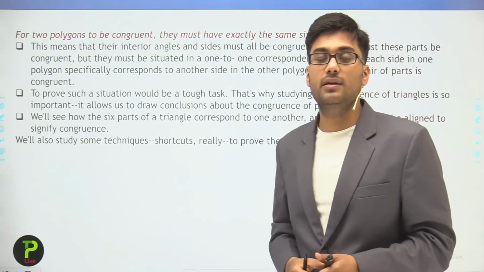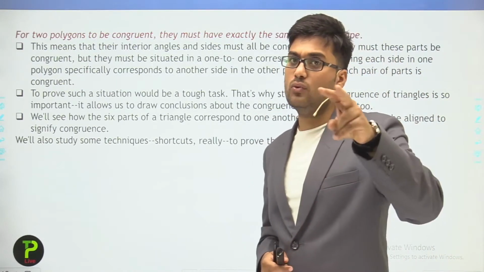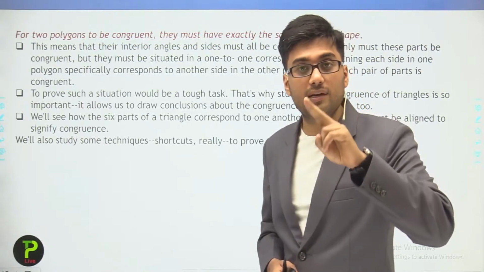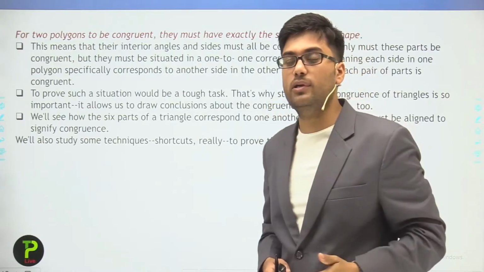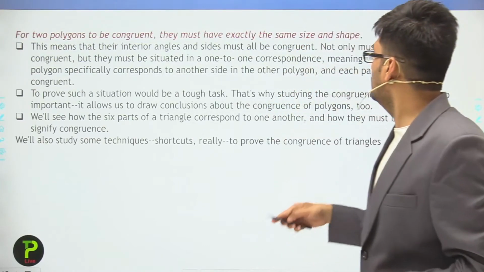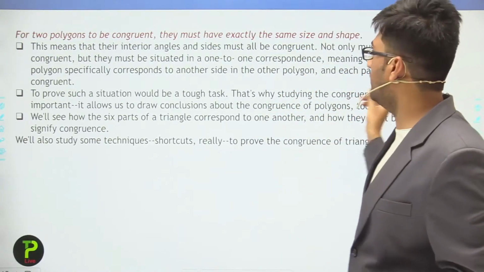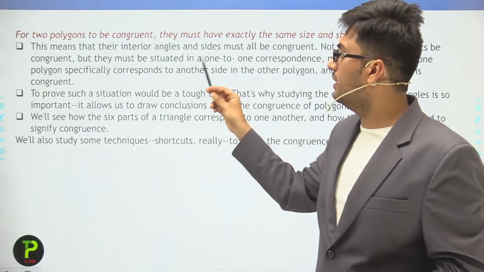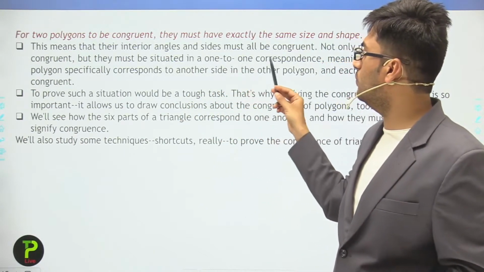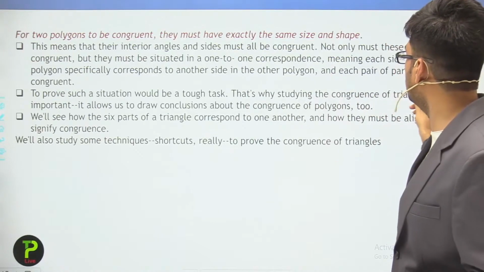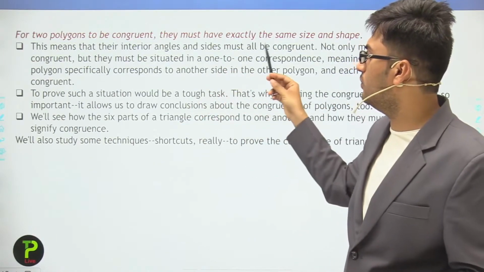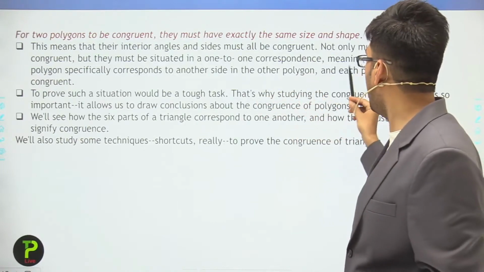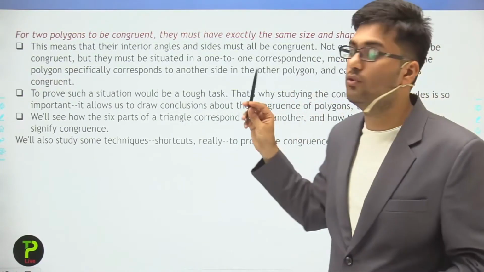It means that if two polygons are congruent, then each interior angle and each line segment that forms the sides of the polygon are equal. Not only must these parts be congruent, but they must be situated in one-to-one correspondence, meaning each side in one polygon corresponds to a specific side in the other polygon, and each pair of parts is congruent.